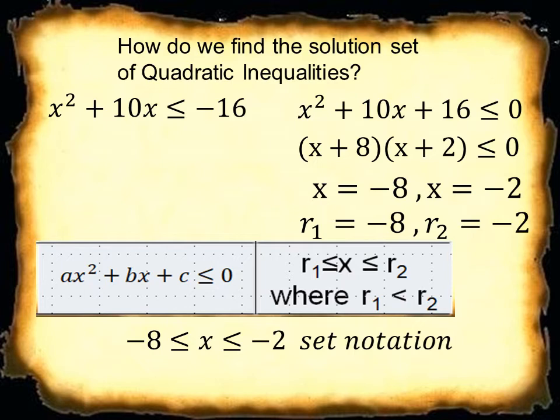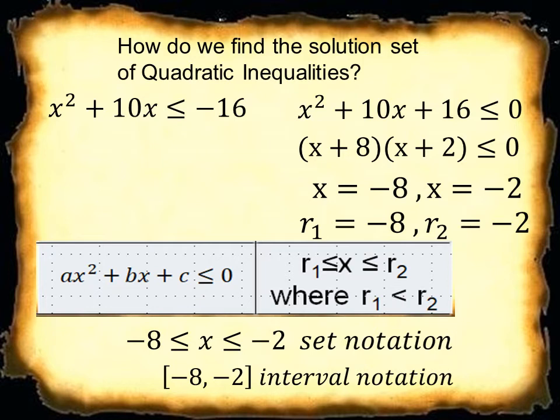But if it is required to use interval notation, you can also use interval notation. In interval notation, we use bracket if we have the or equal symbol, less than or equal. So bracket, negative 8, comma, negative 2, then close bracket.